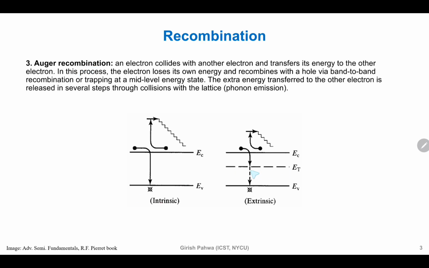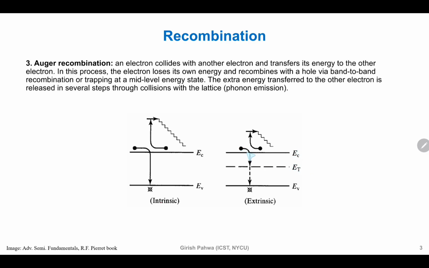The same thing can also be assisted by a mid-gap state. So there can be some states, let me call those levels ET. Capital T means trap. So these are trap states. In this case, this electron does not release an energy equal to the band gap, which was the case here. It releases only the energy equal to the difference between EC and ET.